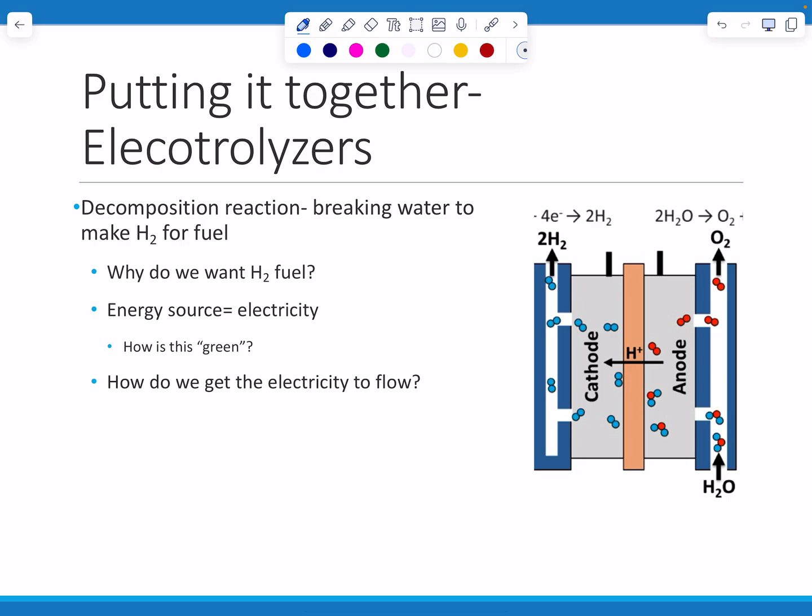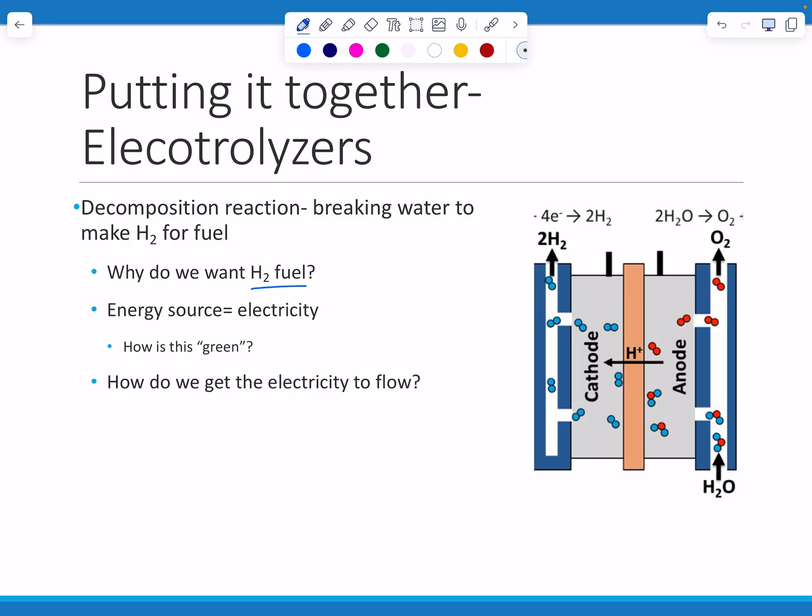All right. So we can combine the notion of electrolytes and our reaction types to do things like make cleaner fuel. You may have heard about hydrogen fuel being talked about as a green technology.